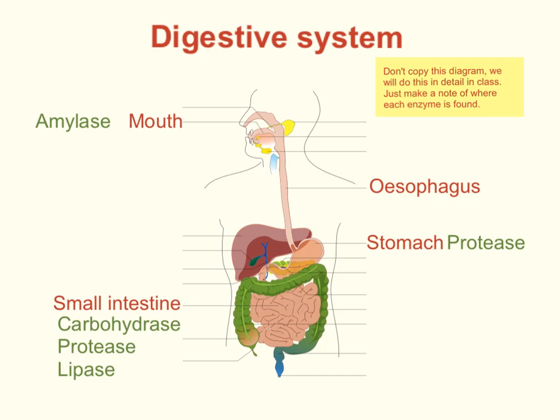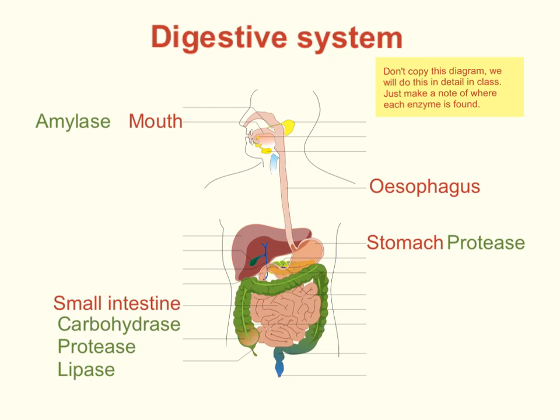Now, lipase is going to break down all the fats and oils, because the proper name for fats and oils is lipid. It's where the word liposuction comes from. So lipase is going to break down fat molecules, and the 2 products of fat digestion are fatty acids and a molecule called glycerol. So we're going to get fatty acids and glycerol.